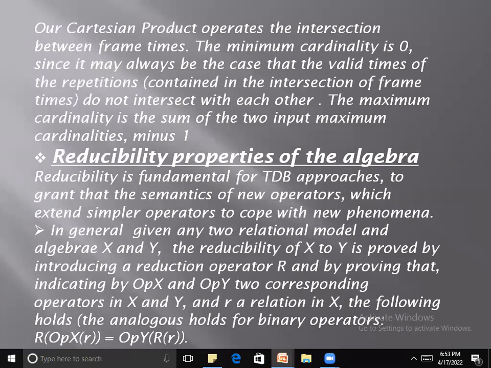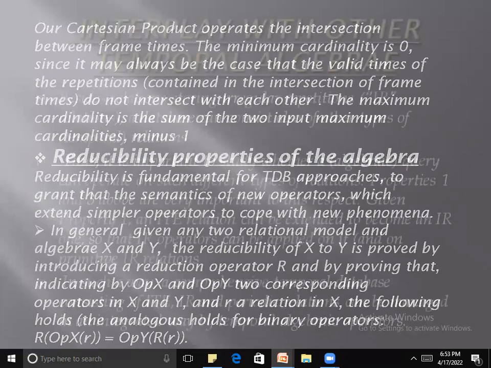In general, given any two relational models and algebras X and Y, the reducibility of X to Y is proved by introducing a reduction operator r and by proving that, for operators OPX and OPY corresponding in X and Y, and r a relation in X, the following holds. The analog holds for binary operators: relation operator X of r equals operator Y of r.